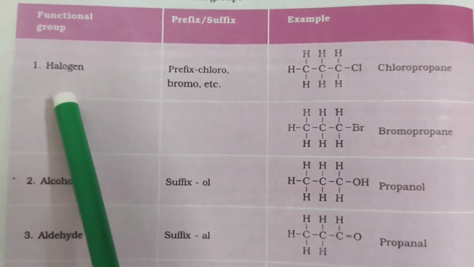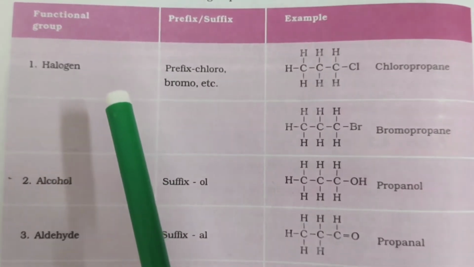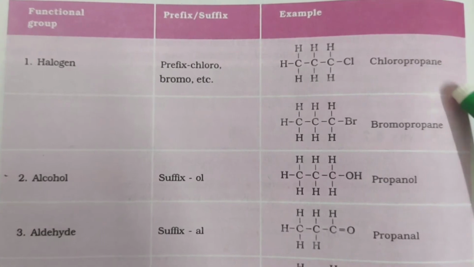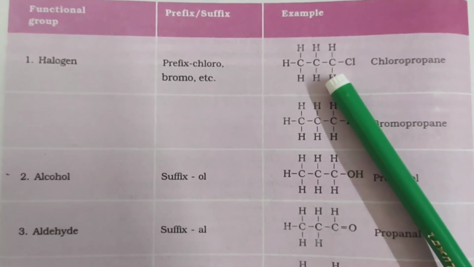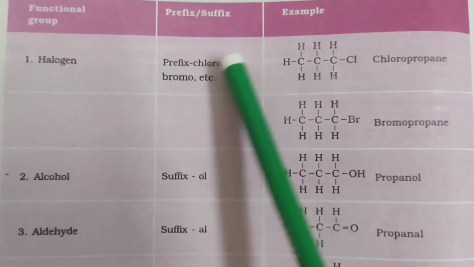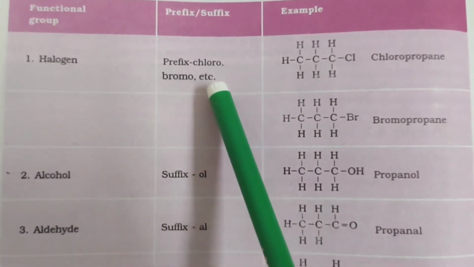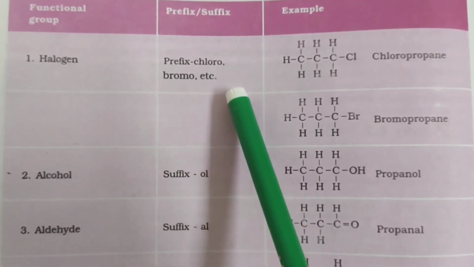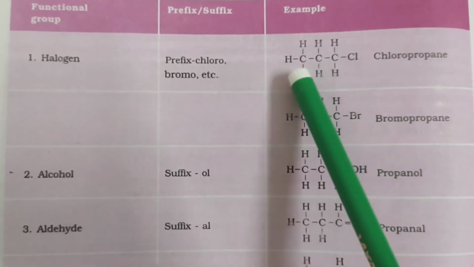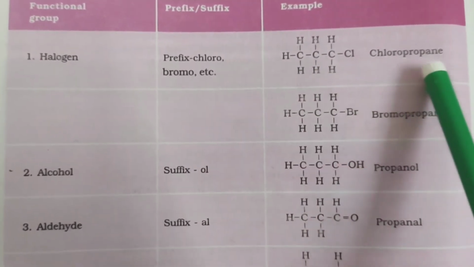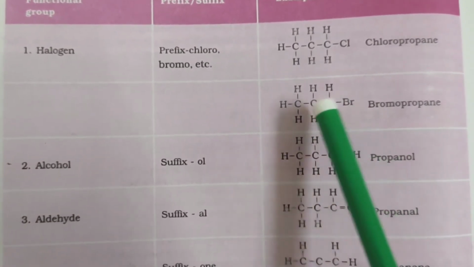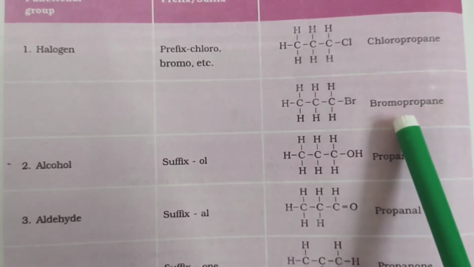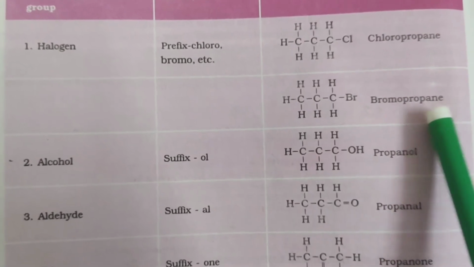Halogens means chlorine, bromine, iodine, etc. If a chlorine atom is attached to the compound, then chloro. If it is bromine, then bromo. These prefixes are used. So this is chloropropane. If bromine is added, the name of the compound becomes bromopropane.